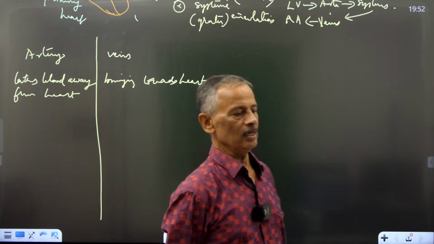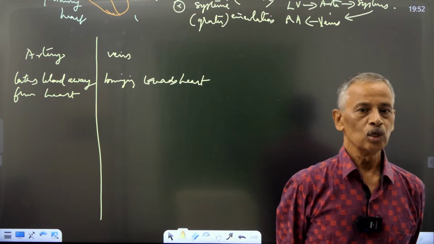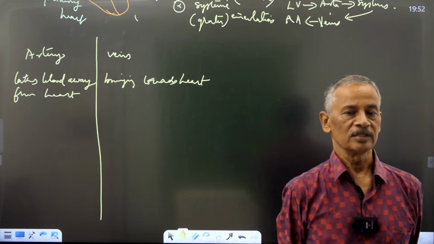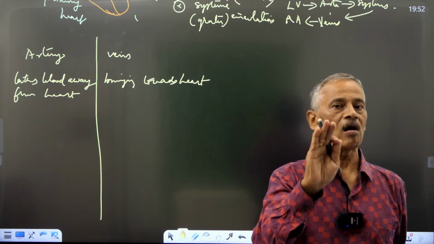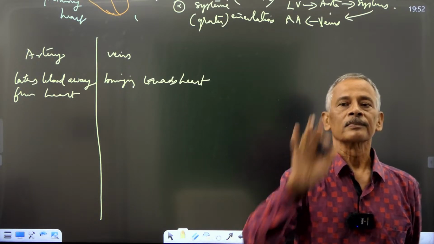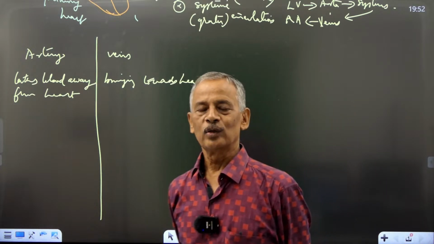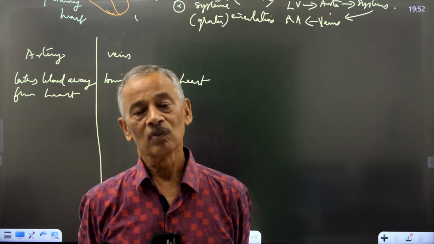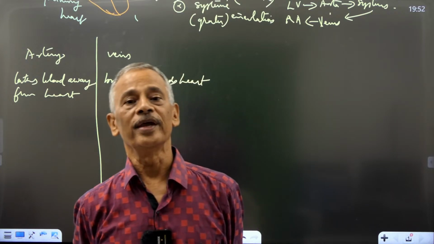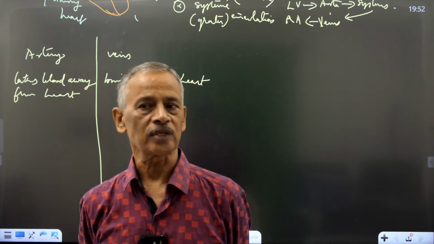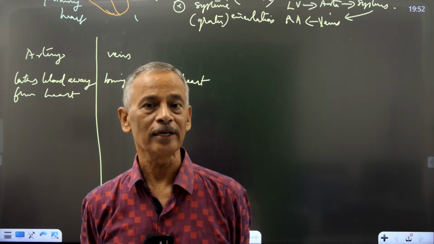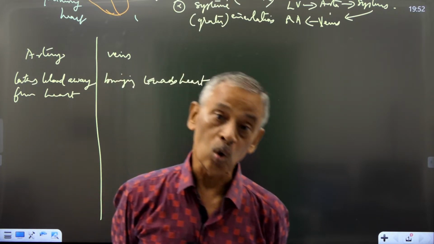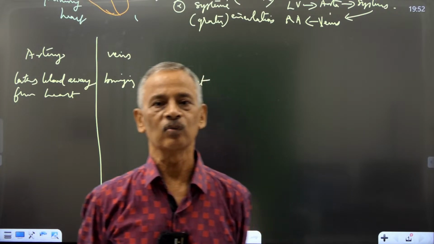Any blood vessel that is bringing blood nearer to the heart, towards the heart, it need not be to the heart, is called a vein. You are having renal portal veins, hepatic portal veins. These are not bringing blood to the heart directly, but they are bringing blood closer to the heart. That is why they are called veins.